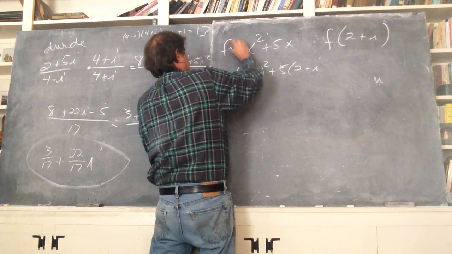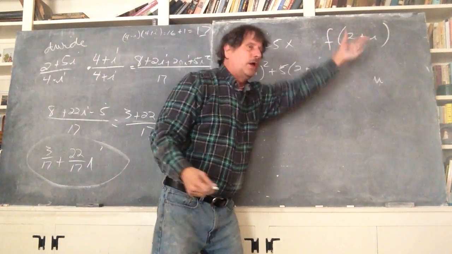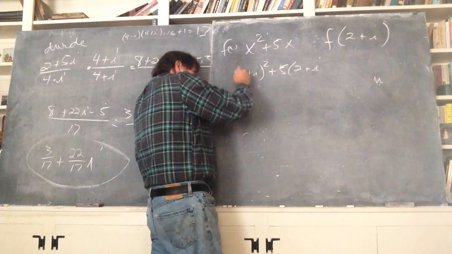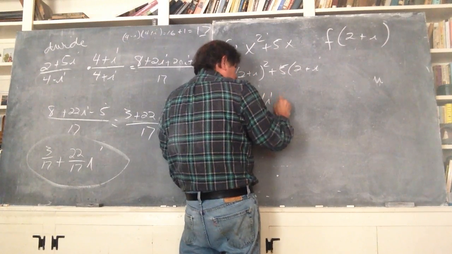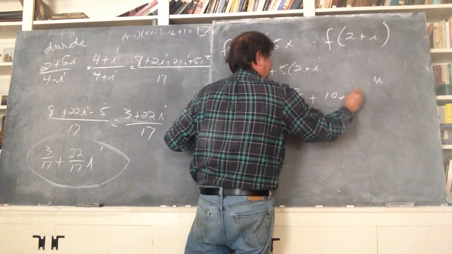This is a function of x, and this is the point. We find the function's value at 2 plus i. So 2 plus i squared is 4 plus 4i plus i squared, plus 10 plus 5i.